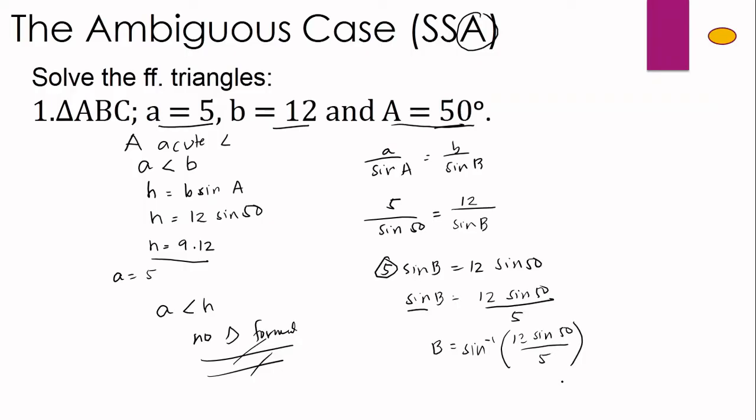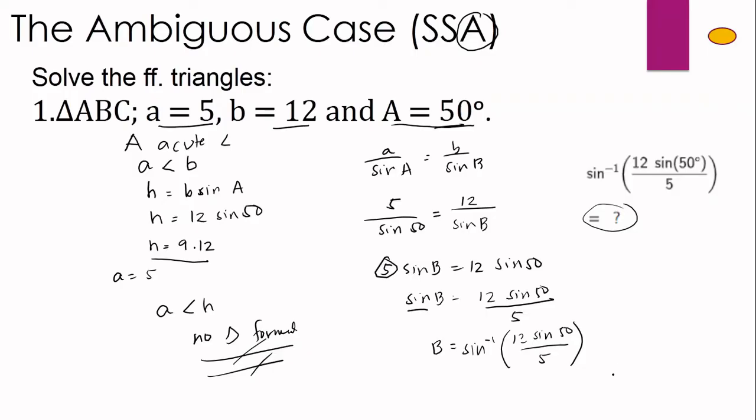Pag nag-solve kayo, pag gumamit kayo ng calculator, ang ginamit ko ay GeoGebra. If I will be having sine inverse, 12 sine 50 over 5, you're going to notice na ang lumabas ay question mark. Pag kayo ay nag-calculator at pinindot ninyo ito, ang lalabas sa inyo ay syntax error.